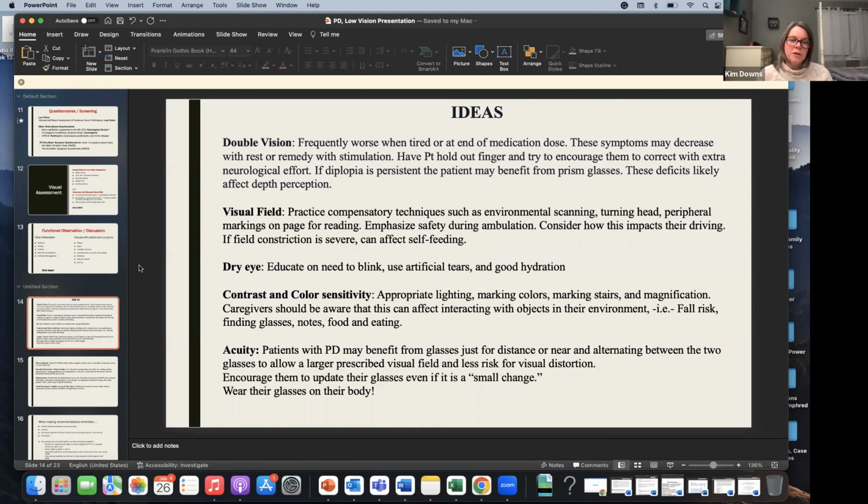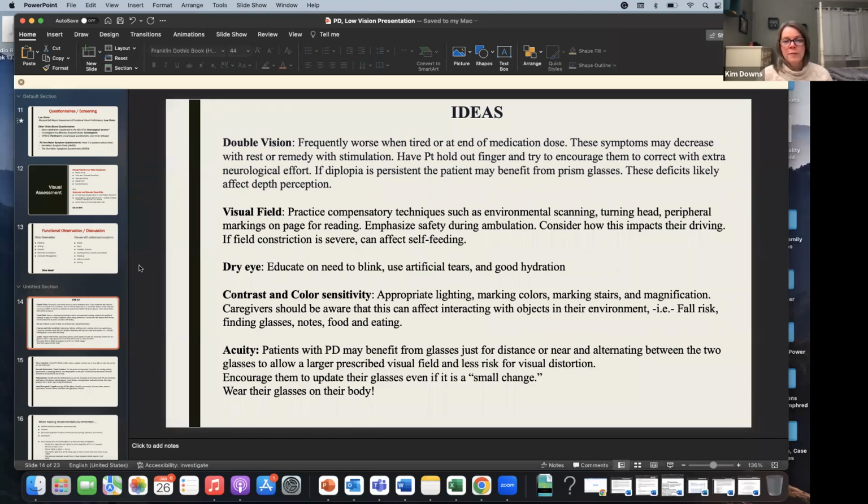So for changes in color and contrast sensitivity, you guys are the pros at this, right? Looking at appropriate lighting, marking colors, stair markings, magnification, sometimes for the color, if that helps, or contrast issues.